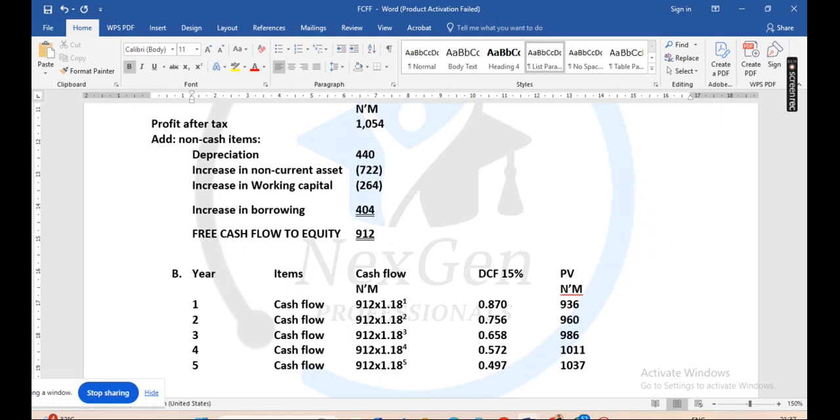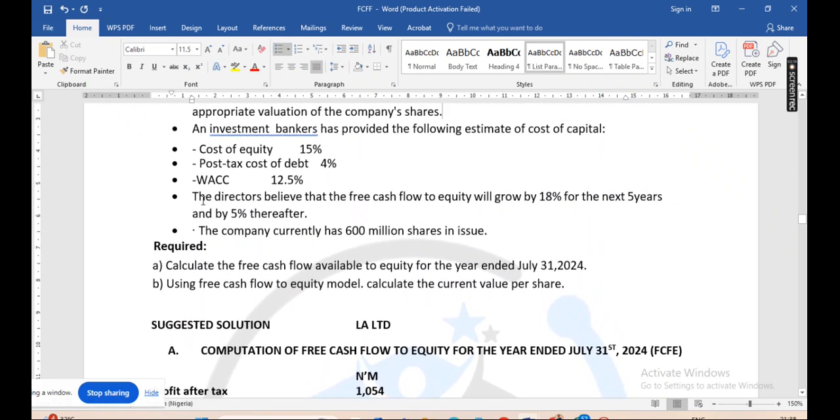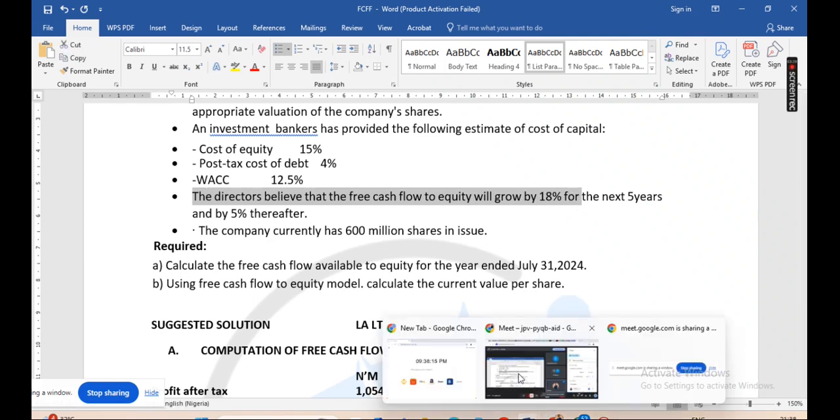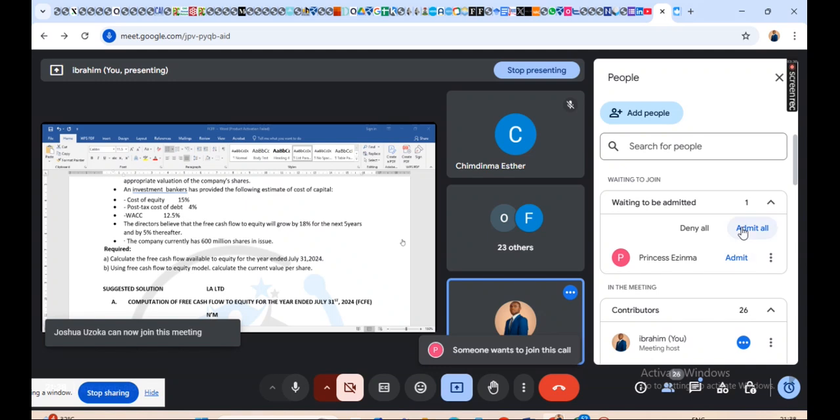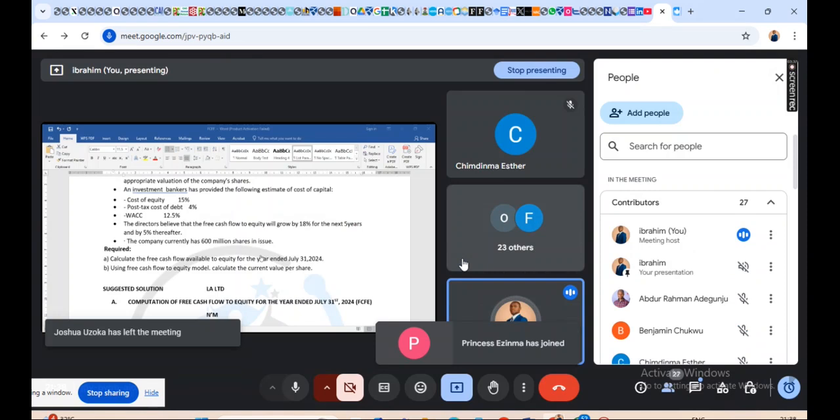Okay, class. According to the question, let's quickly go back and see where I pick all this from. The directors believe that the free cash flow to equity will grow by 18% for the next 5 years. You want to get the current value, the present value. That is why you are doing a valuation.